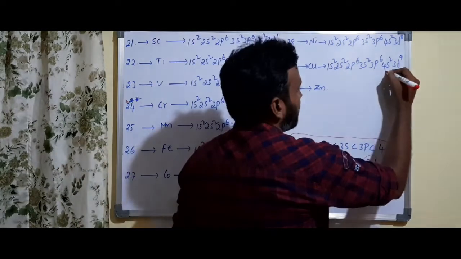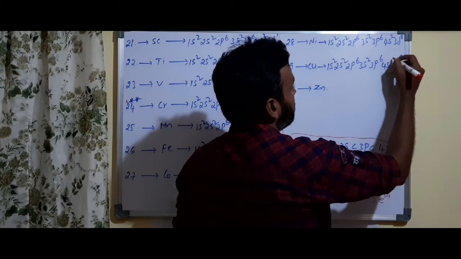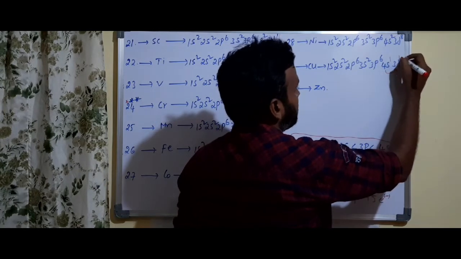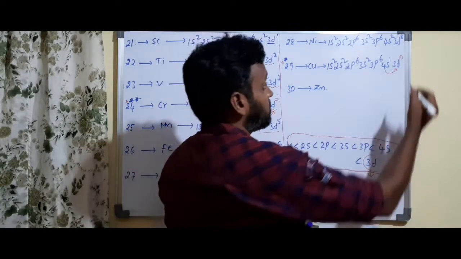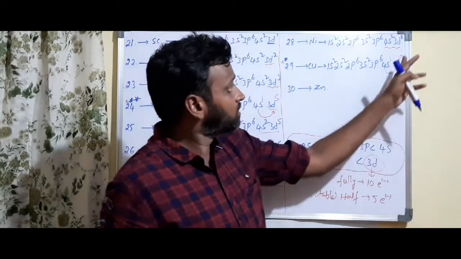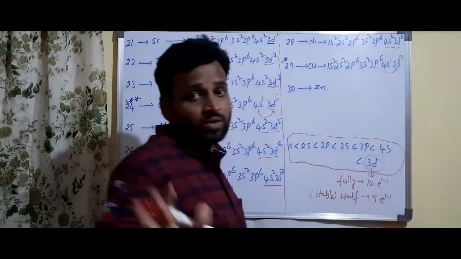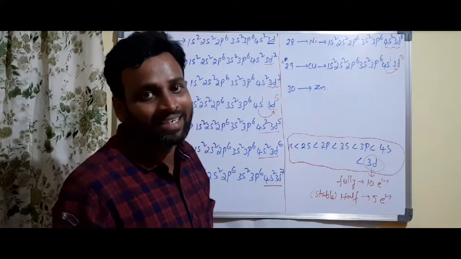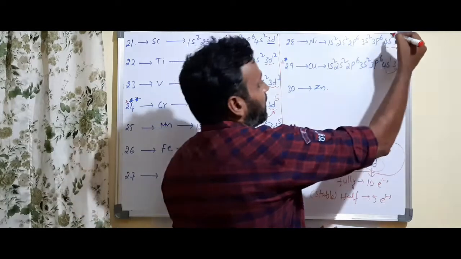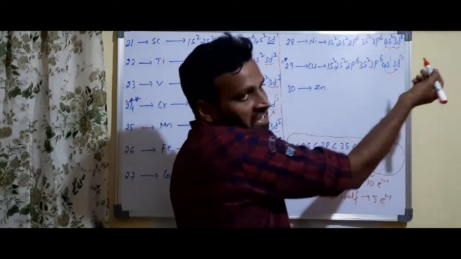Sir, one electron will transfer again, so it will be 4s1 and 3d10. If you have a very smart question: sir, here also d10 is more stable, no sir? Transfer 2 electrons? No, 1 electron can be transferred very easily. So 1 electron will transfer here, but 3d9 is of no use.